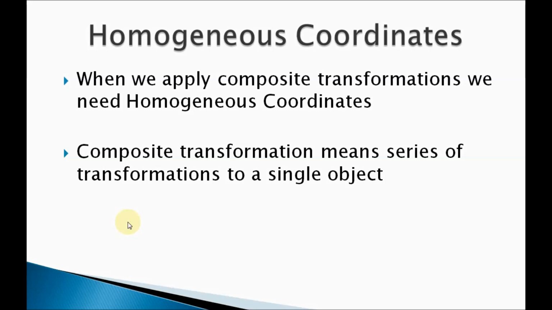When we apply composite transformations, we need homogeneous coordinates. Now you can ask a question: then what is a composite transformation? Composite transformation means a series of transformations applied to a single object.